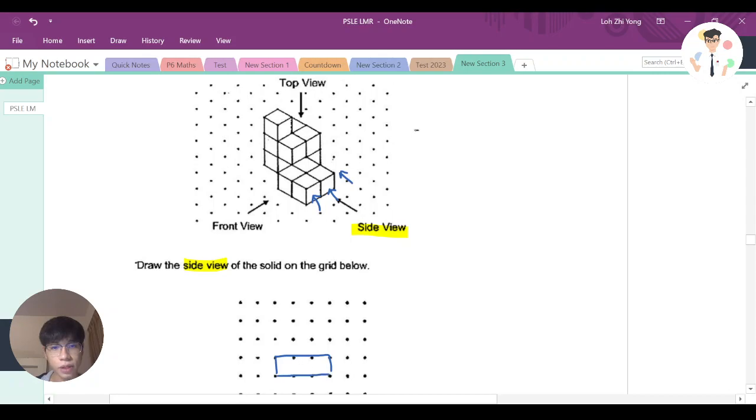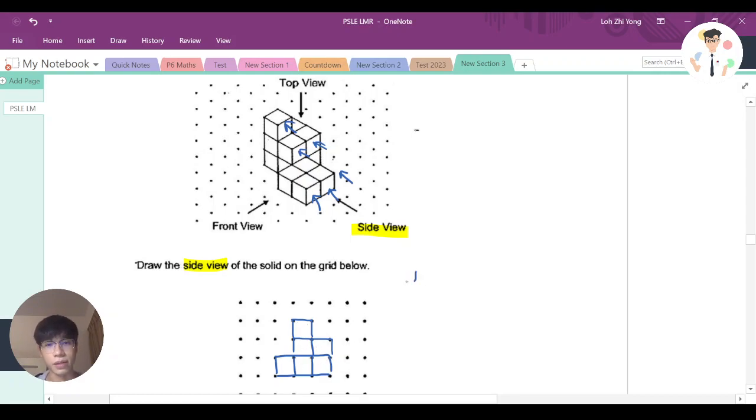Let me quickly draw here, 1, 2, 3. Then on top, here I have 1, here I have 1. And on top, I have only 1 here. So this is how it looks. Okay, 3, 2, and 1.